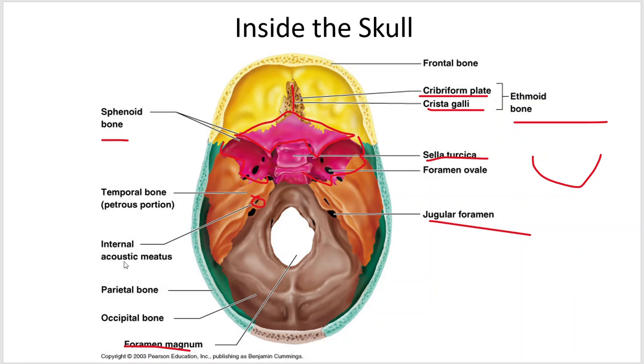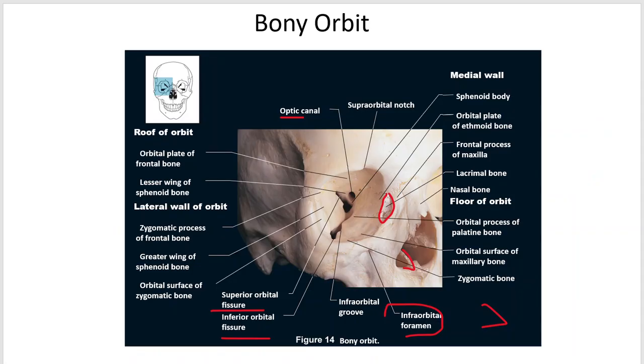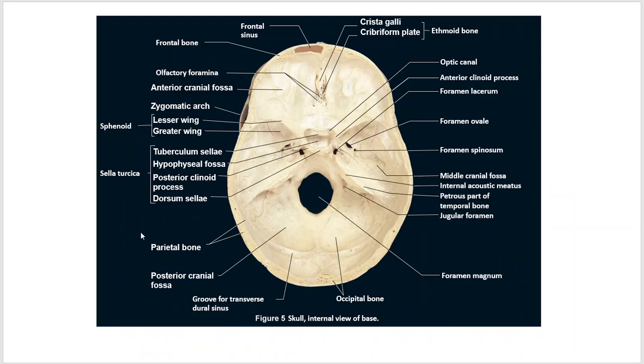Let's go back here and see if we've got anything in here. Okay. This guy right here next to the sella turcica is going to be the foramen lacerum, and he is on the sphenoid bone.